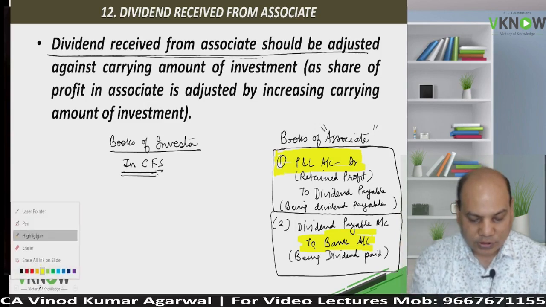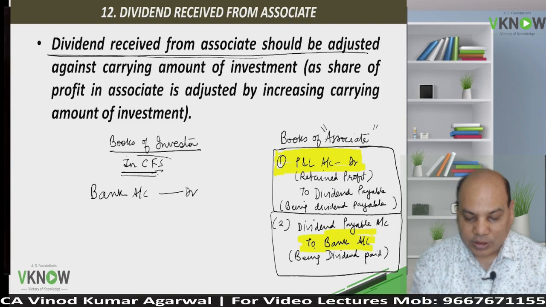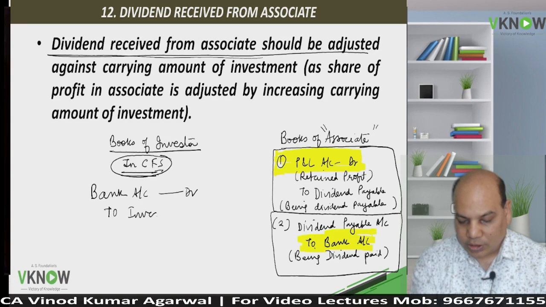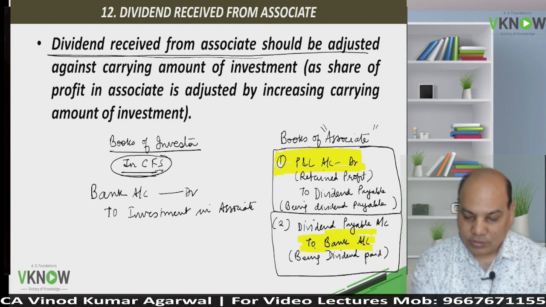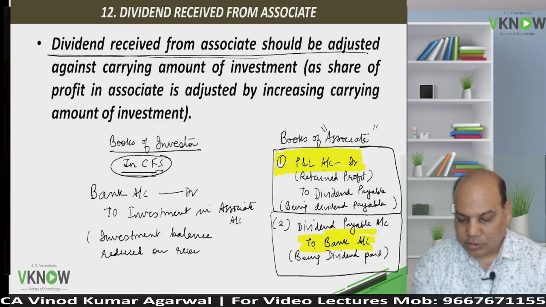So in the CFS, when they will receive the dividend, bank account debit, this is happening in CFS, to investment in associate account. Okay, being investment balance reduced on receipt of dividend.